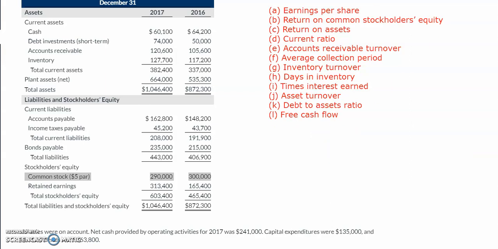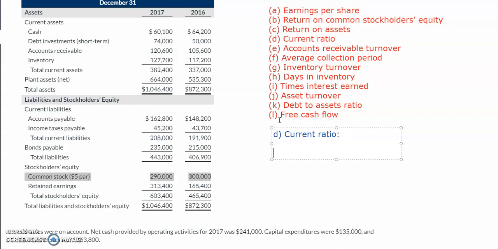Next, I'm going to be moving on to our liquidity ratios. So for our liquidity ratios, we have our current ratio, which is going to be using the information from this balance sheet.